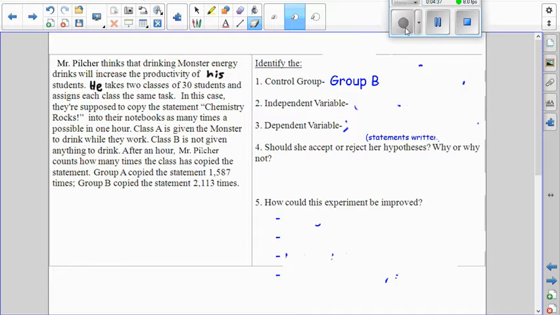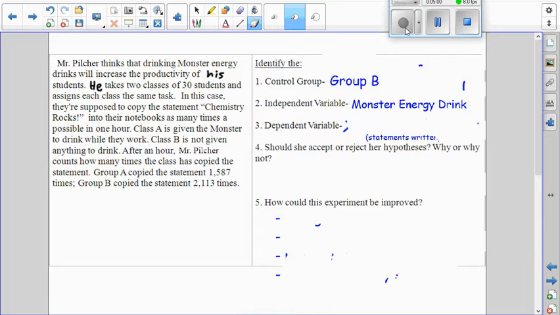You got it. Independent variable! What do we have? What was that in this particular experiment? The Monster drink, right? The Monster Energy drink. I purposefully adjusted how much Monster people were getting.